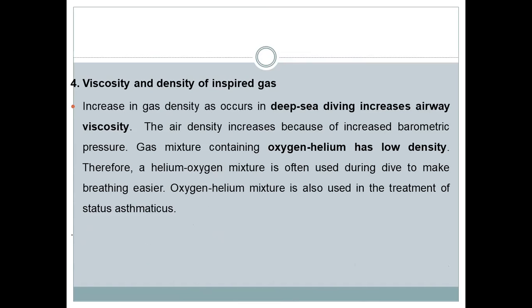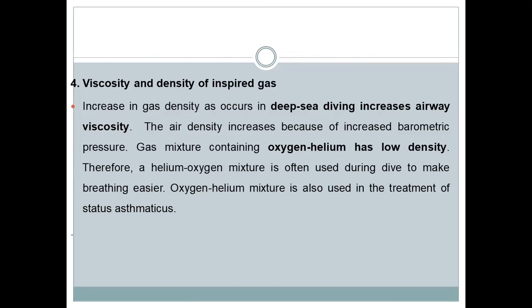Why is this important? Because an increase in gas density normally occurs in deep sea divers, which increases the airway viscosity. The air density increases due to increased barometric pressure. As you go deep under the sea, the barometric pressure increases, and due to that the density of the air is increased.